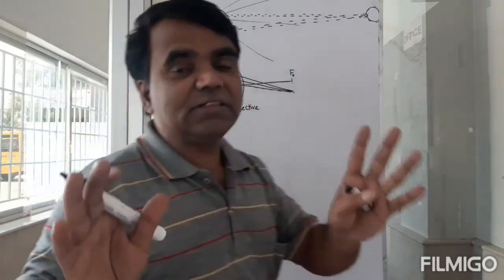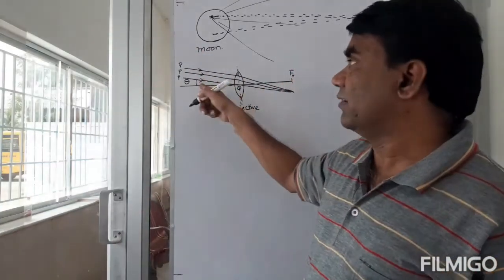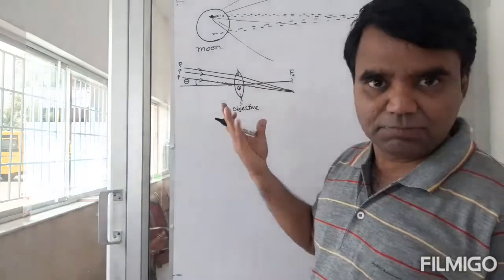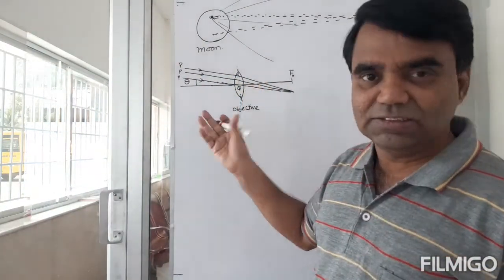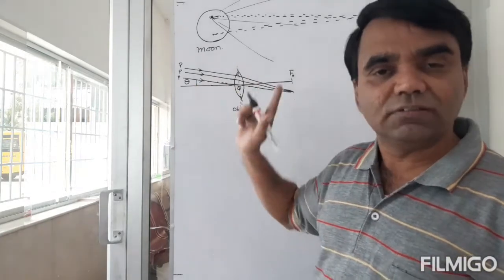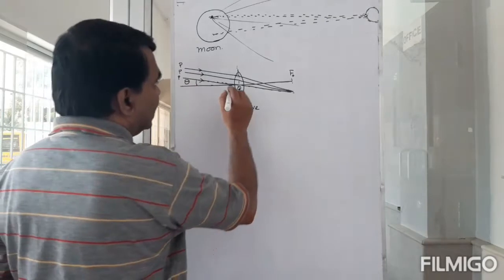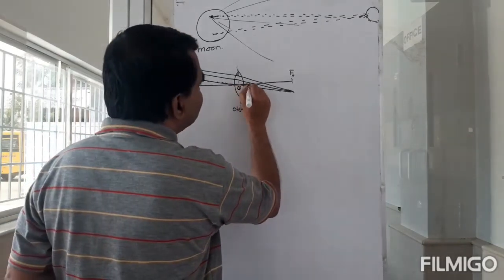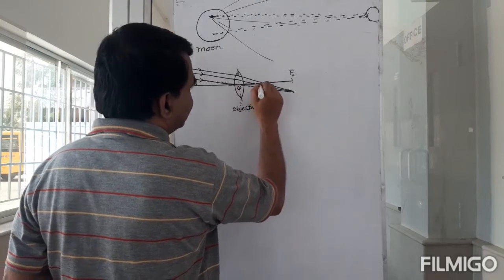When you look at the object with the naked eyes, the rays will make this angle. Simply remove the lens, put the eye there. Clearly, that's the angle. So this is the visual angle without the instrument. I want you to understand. And clearly, this will also be theta.